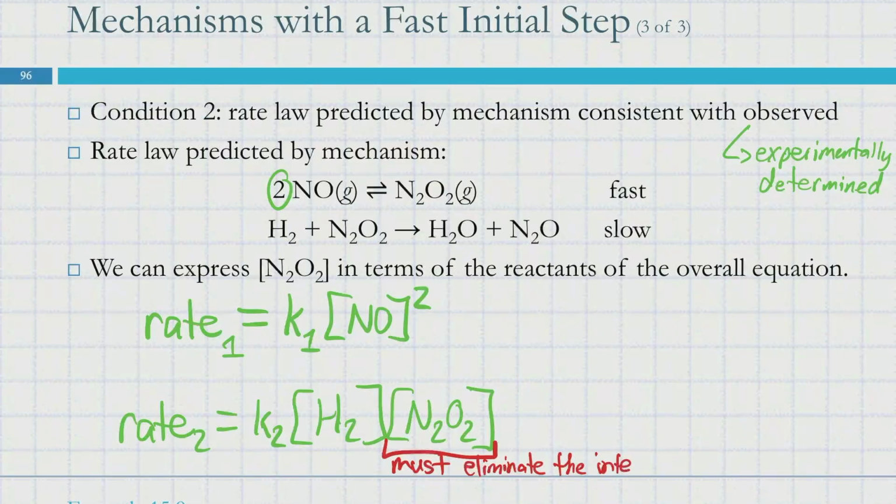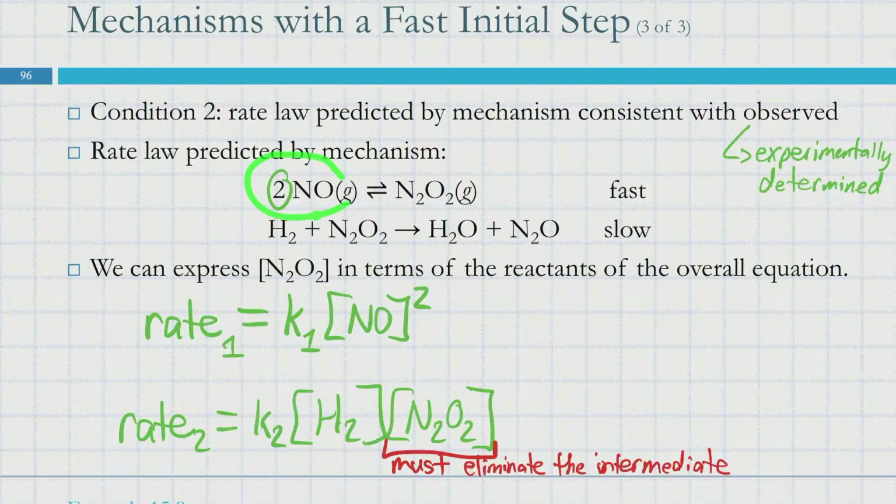So we must get rid of or eliminate the intermediate. And that's where it's helpful that we've got this equilibrium.